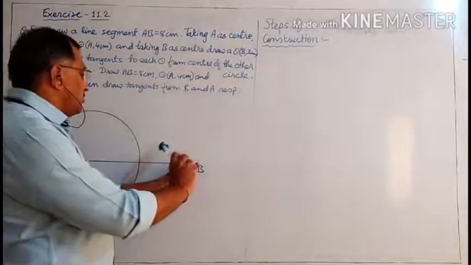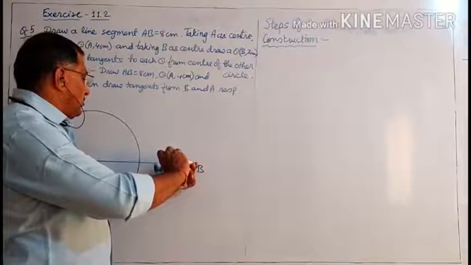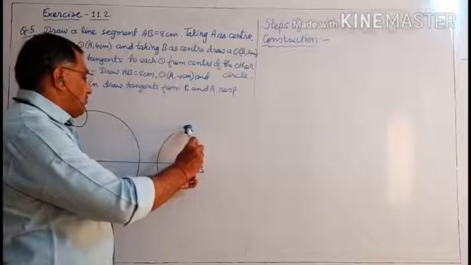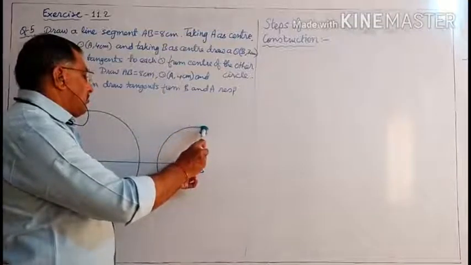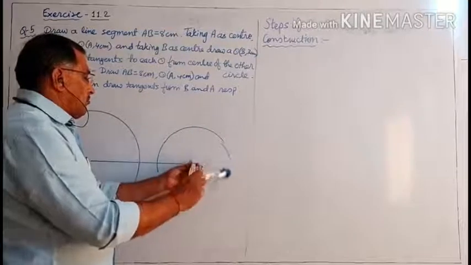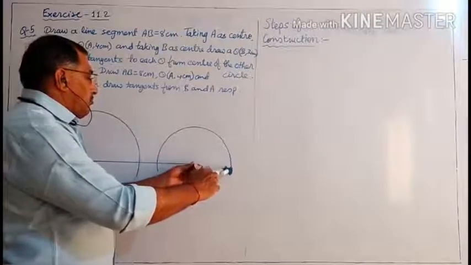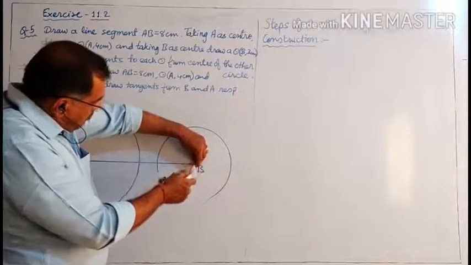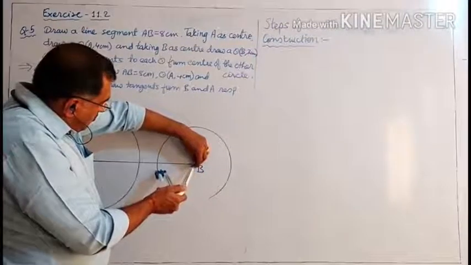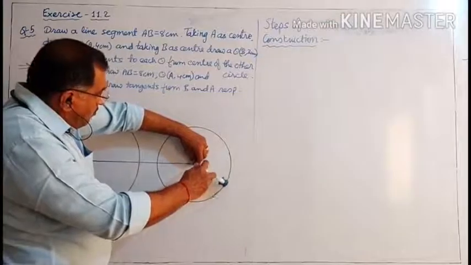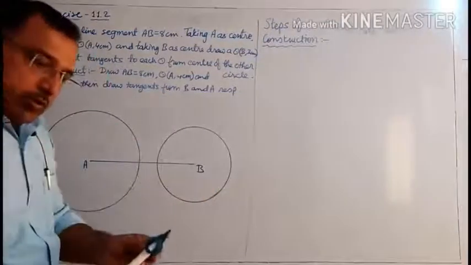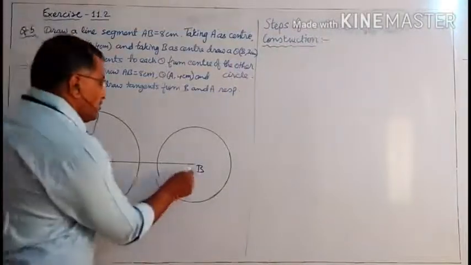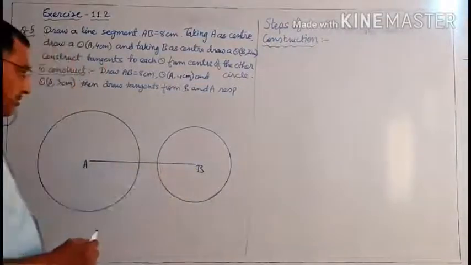Now the radius is 3 centimeter and we have to draw the circle. So we have drawn circles with center A and center B with radius 4 centimeter and 3 centimeter.